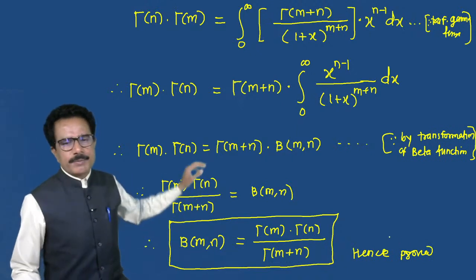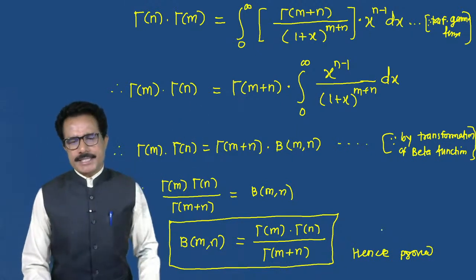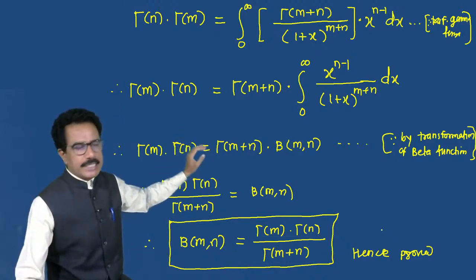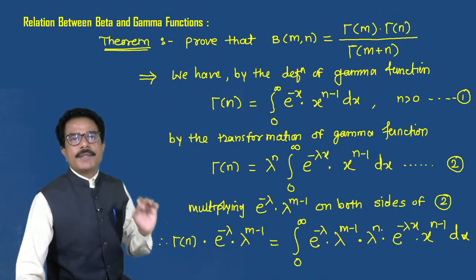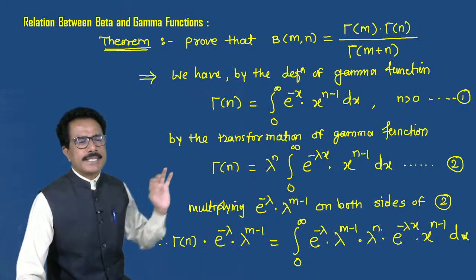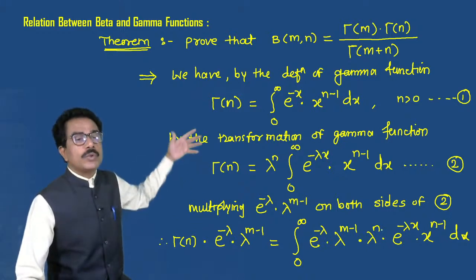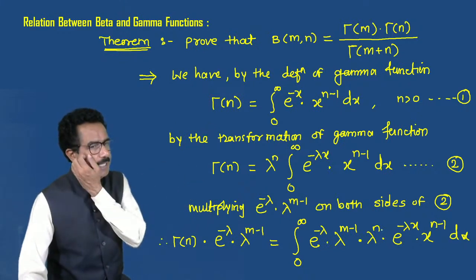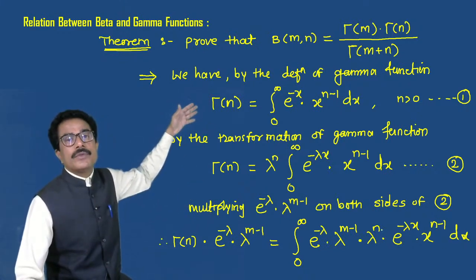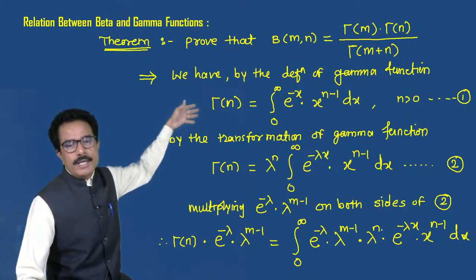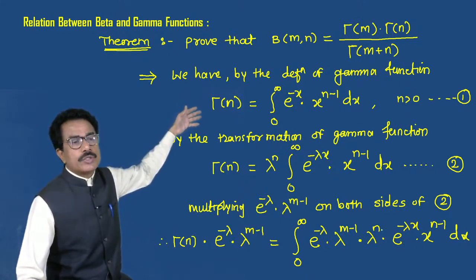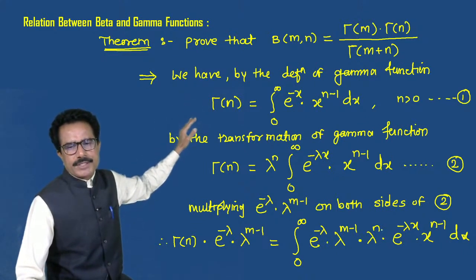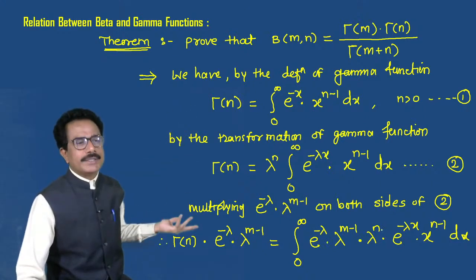Okay, hence proved. Now, what will you do to understand this theorem perfectly? To understand this theorem well, you must understand it from start to end, and then you have to write it without taking support of any document. You have to write this theorem on your own without seeing anywhere. So you will get the perfection of this theorem. For the perfection of this theorem, you have to write it 2 or 3 times.